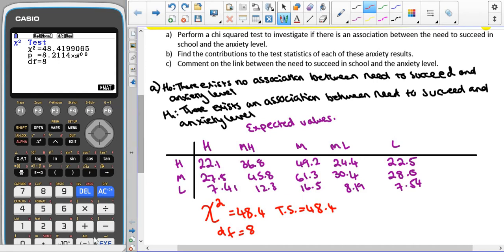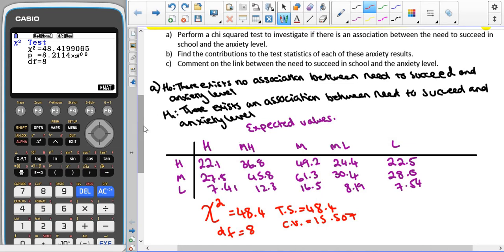And then in the question, it doesn't give us a significance level, so we're going to use 5%. Remember to look at the right-hand side, so we're looking down from 0.95 and across from 8, which gives us 15.507 for our critical value. So our critical value is 15.507, and that is on page 20 of the formula booklet.